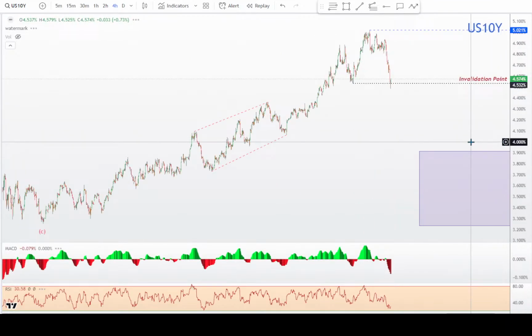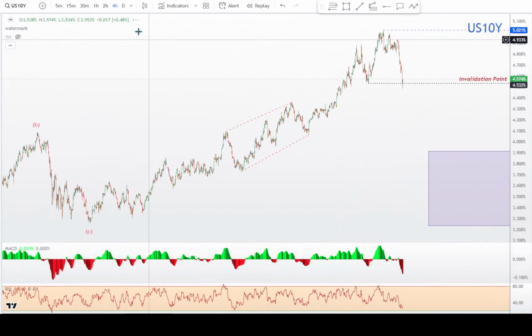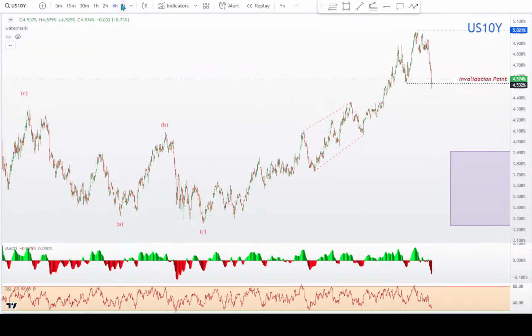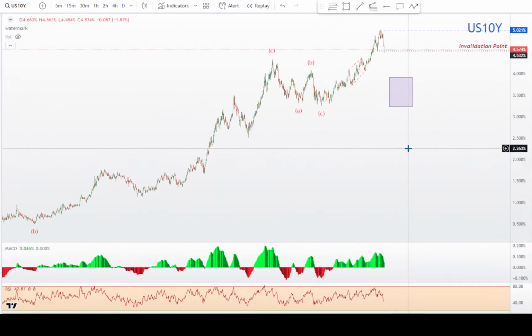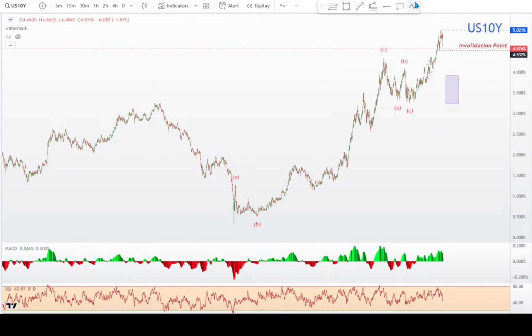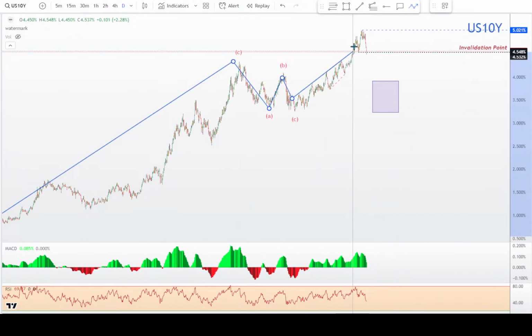And then looking at the 10 year, it did break that invalidation point. So what I see, go to a daily, it's got this big, so here's the A, B, big C wave, and then here's A, B, C. And then it was 1, 2, 3, 4, 5.